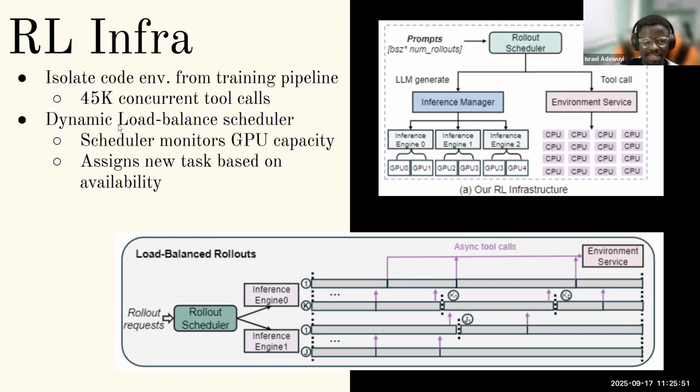Then they had this neat thing. This is the part where I feel the least qualified to talk about, but the high-level idea is that you have a scheduler. As far as I understood, it's monitoring the GPU KV cache during the RL training, and once some particular task is completed, a new task is assigned.